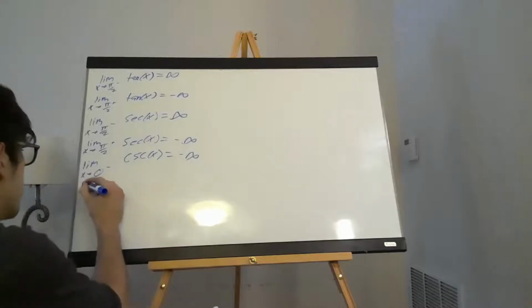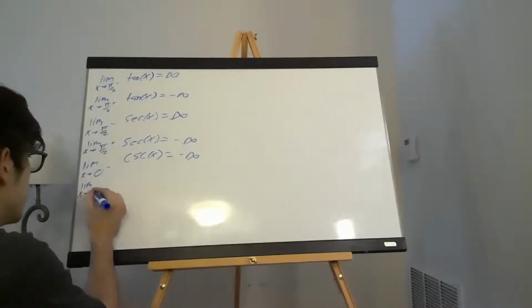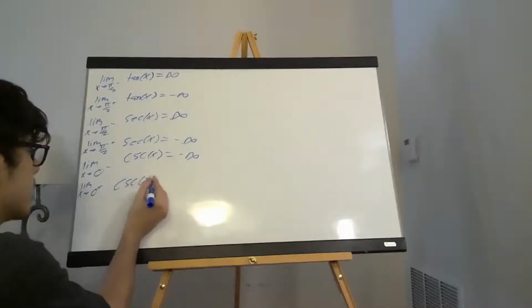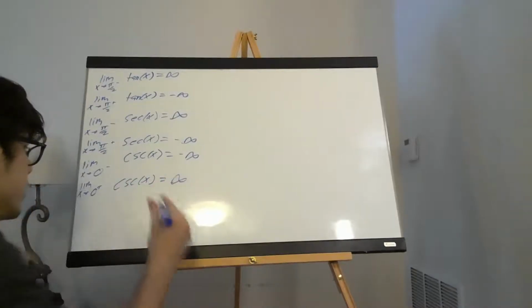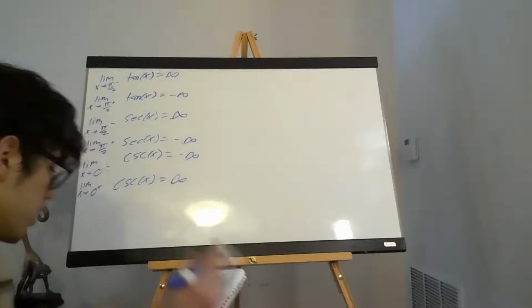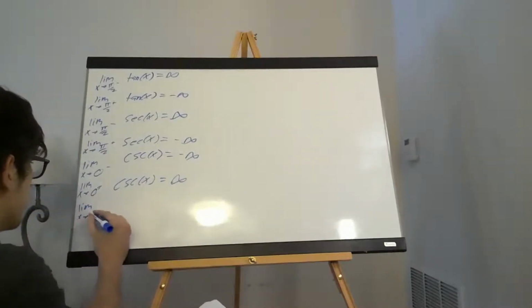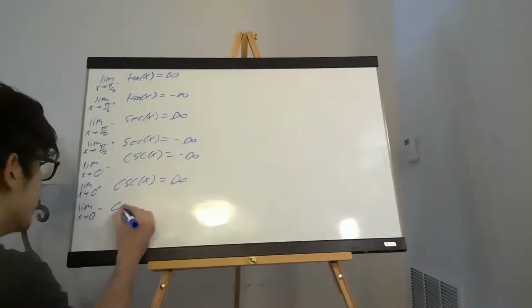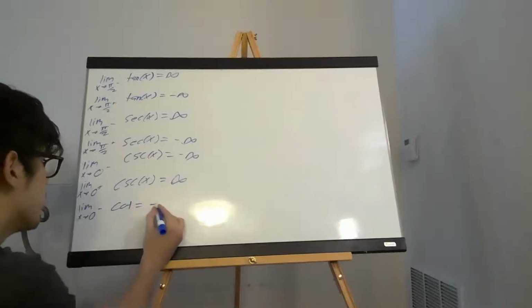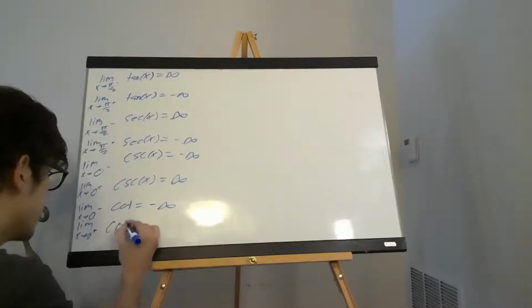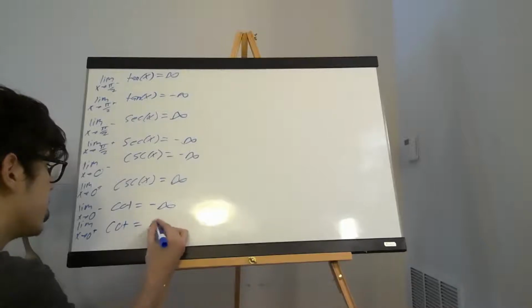As x approaches 0 from the right for cosecant of x is equal to positive infinity, and the limit as x approaches 0 from the left for cotangent is equal to negative infinity, and the limit as x approaches 0 from the right for cotangent is positive infinity.